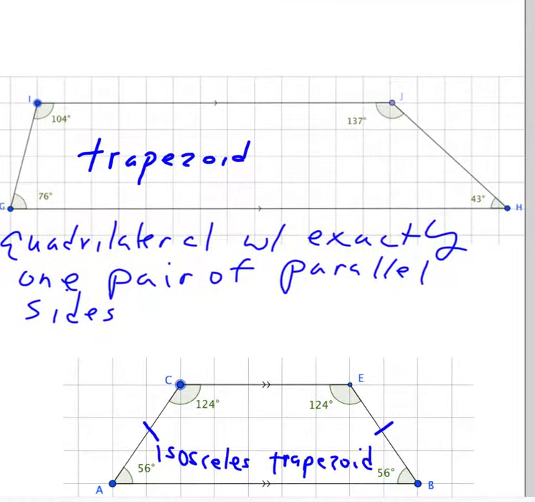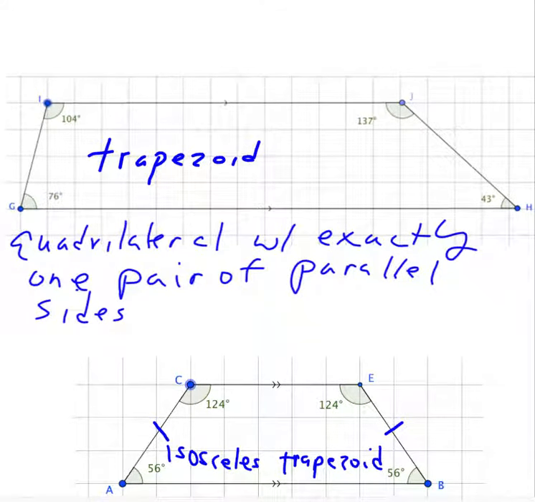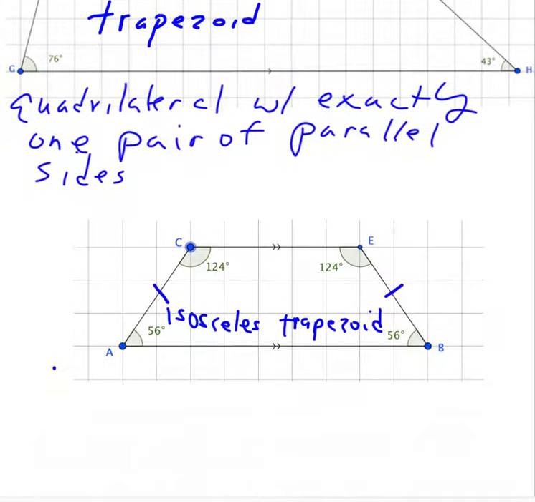When you have the non-parallel sides being congruent, you have what's called an isosceles trapezoid.